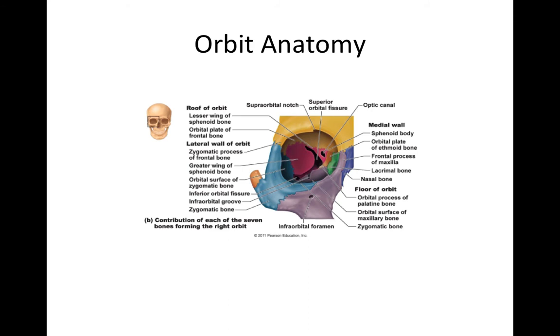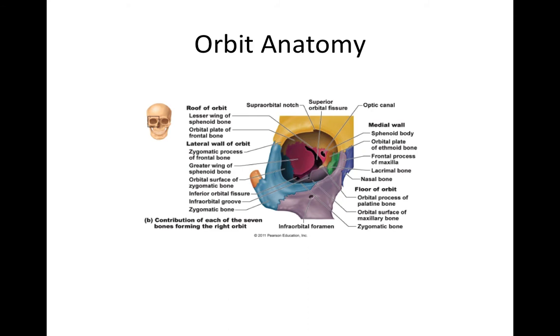We've already talked about these in our last section, but we have the zygomatic bone, which is here in blue, the maxilla, which is here in purple, the nasal bone, which is this darker purple, the lacrimal bone, which we can see here in green, the ethmoid bone, the frontal bone, and the sphenoid, which is here in pink. All of these bones make up the orbit itself.